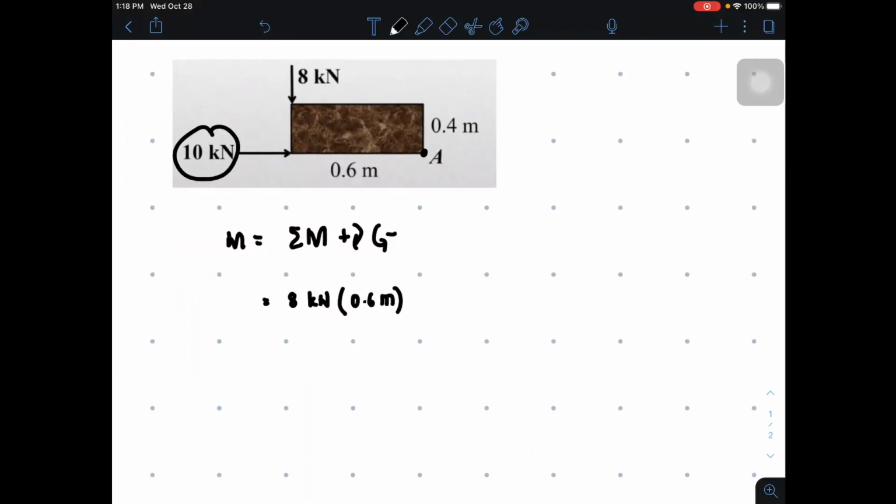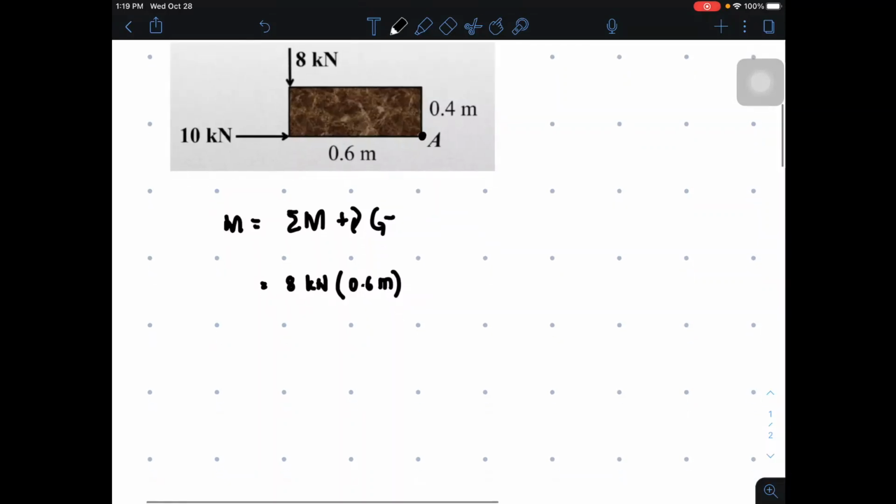How about this 10? Does 10 rotate about point A, or is it going to be a moment about point A? No, because 10 will only pass through point A. Any force that will pass through a point of rotation will not cause any rotation. So therefore, that is 0. If you'd like to write that in the equation, it's 10 times 0 because there is no moment arm.